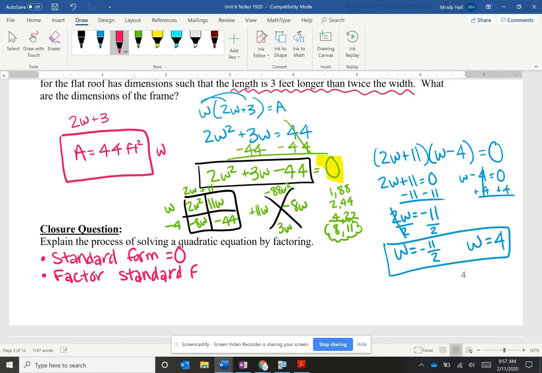And once you factor standard form, you're going to set each factor equal to 0. And solve. Okay, so that is solving quadratics by factoring.